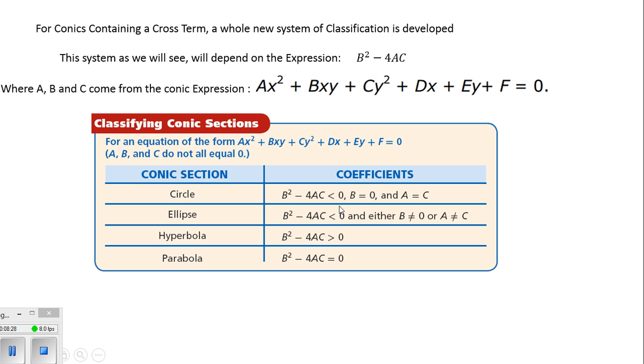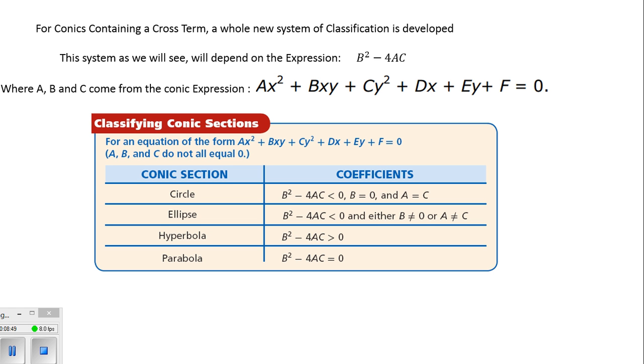If b squared minus 4ac is less than 0, and A is equal to C, then we have a circle. If b squared minus 4ac is less than 0, and the A and C terms are not equal, then it's going to be an ellipse.